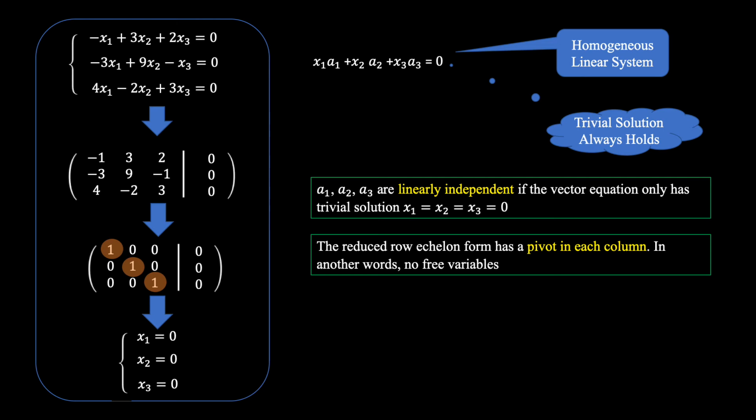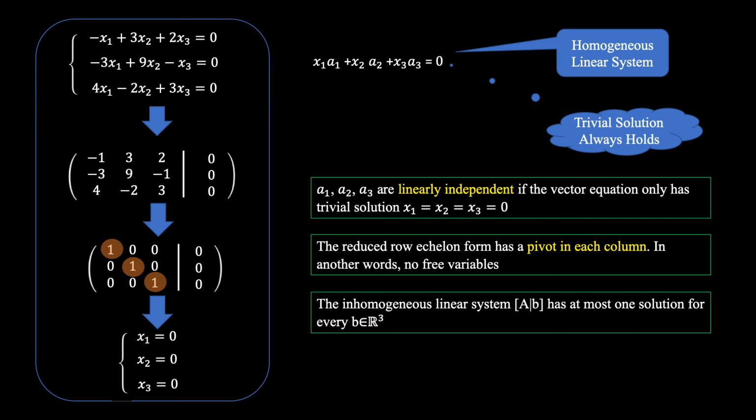Therefore, it can be easily concluded that if the coefficient vectors in an inhomogeneous linear system are linearly independent, the inhomogeneous linear system has at most one solution, because there might not be a particular solution for the inhomogeneous linear system. In general, the three statements in the green boxes are equivalent.